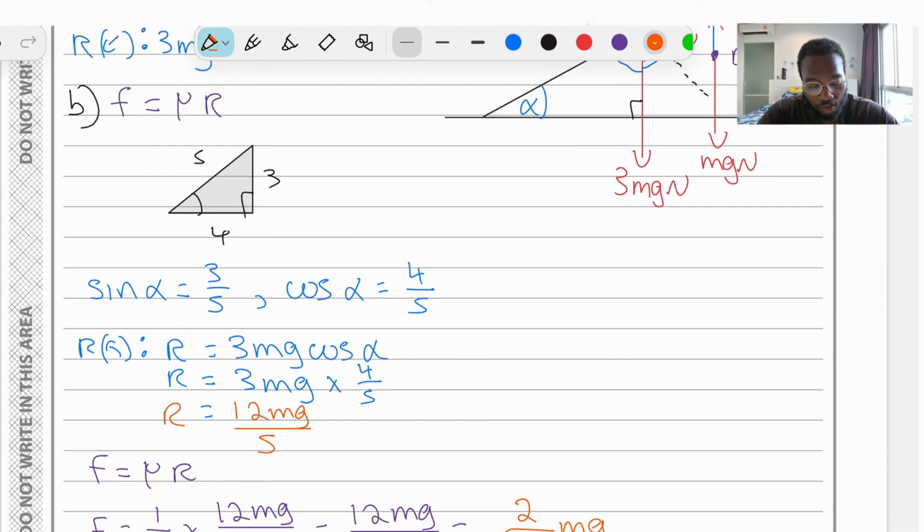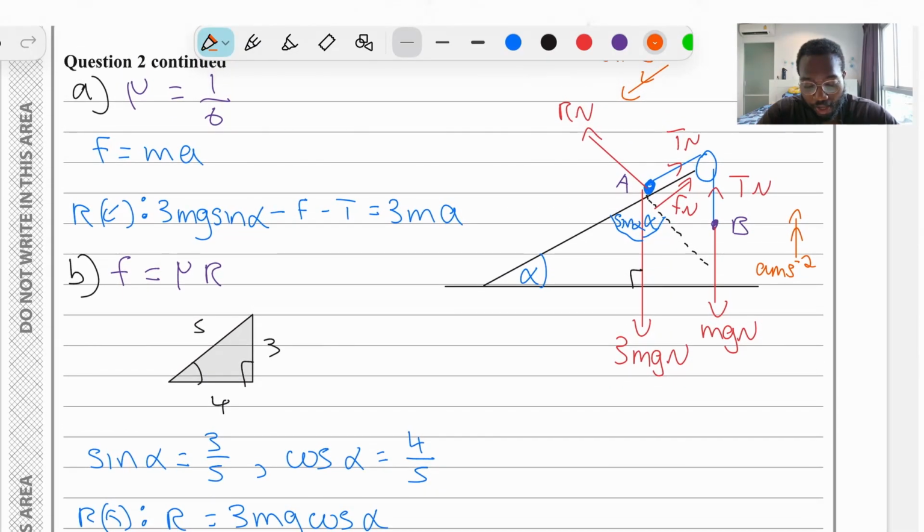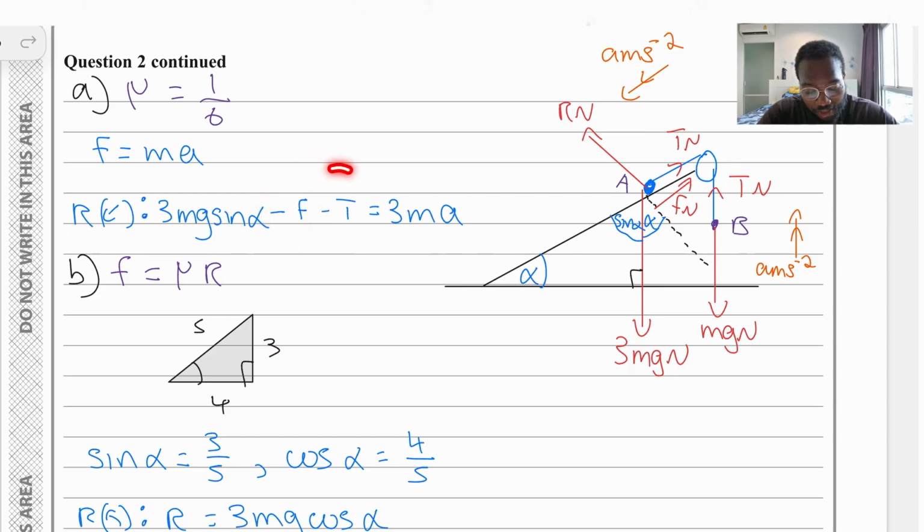So now if we look at this equation we worked out in part A, all I'm doing is working out this F value, then this T value, and we know what sine alpha is. And once we know all those values, we can just plug them into that equation and get an expression for A. So now I've worked out this F value. We know F is 2/5mg. Now I'm going to work out this T value.